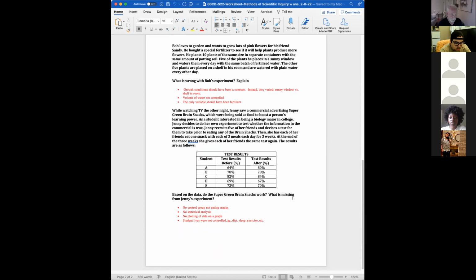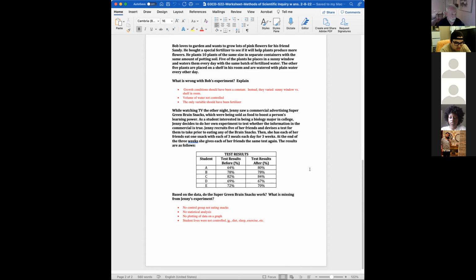Well, clearly, 78% is no different from 78%, but is 82 different from 84? Is 64 different from 80? We can't tell just by looking at those numbers. A statistical analysis would let us know within the limits of some significance value which numbers are different from what other numbers.